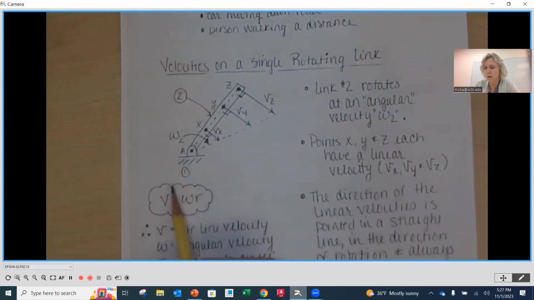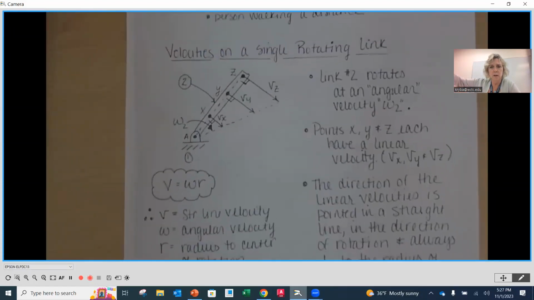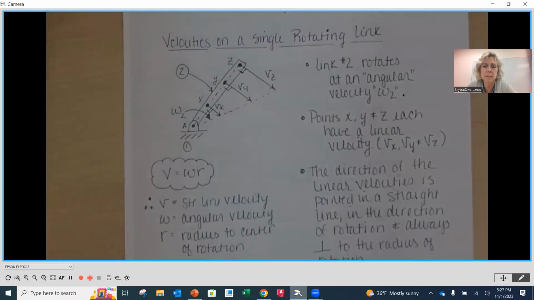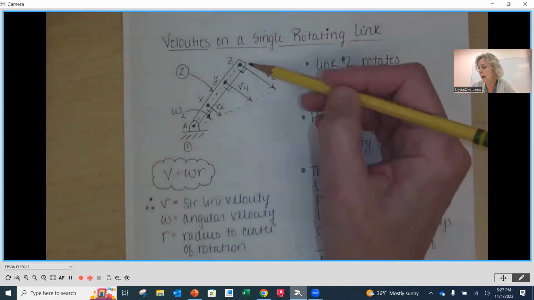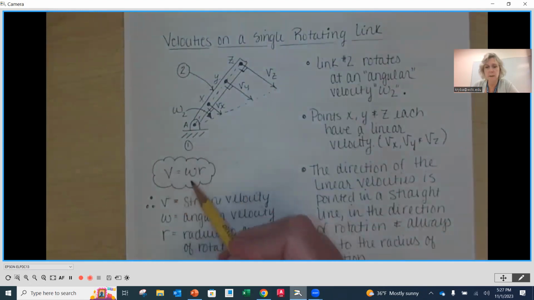So the equation relating those three quantities is right down here. Straight line velocity is going to be equal to angular velocity times the radius of rotation, or the radius from the center of rotation that particular point is. So for instance, if I want to find the velocity of z, the velocity of z is going to be equal to the rotational speed, or the angular velocity, of link number 2.